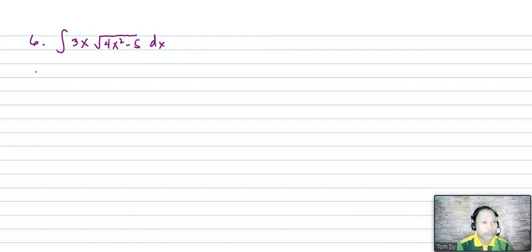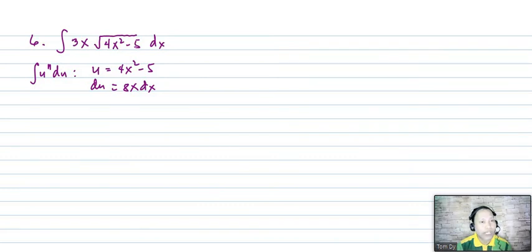So if we use the integral of u to the n du, then we will check our u. Our u for this case equals 4x squared minus 5. Our du equals 8x dx.